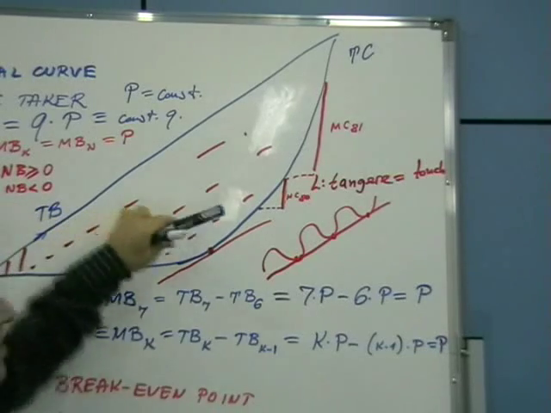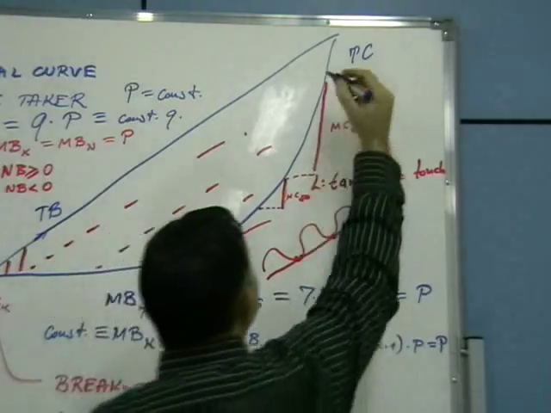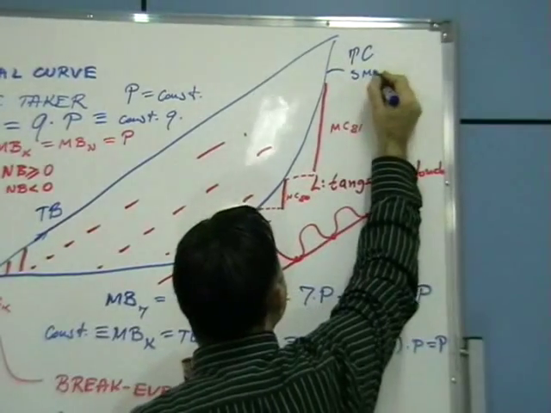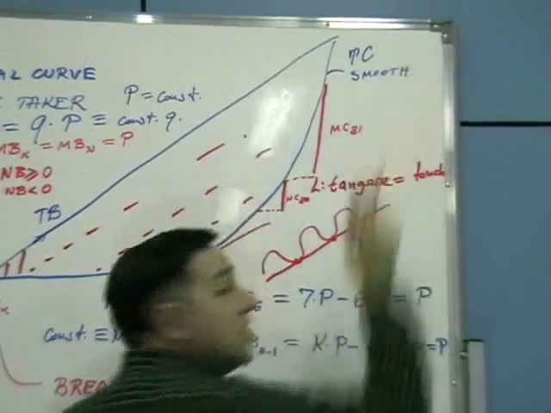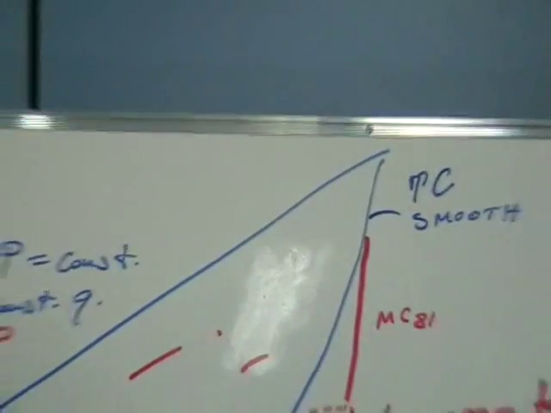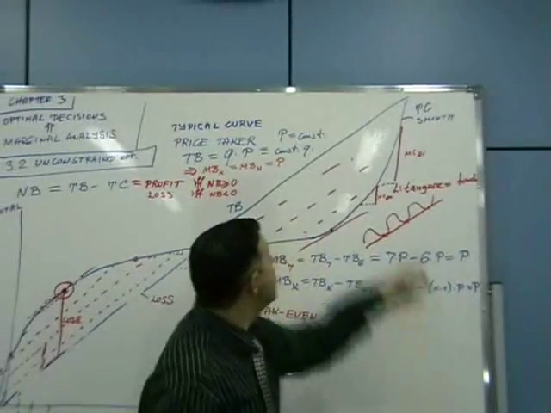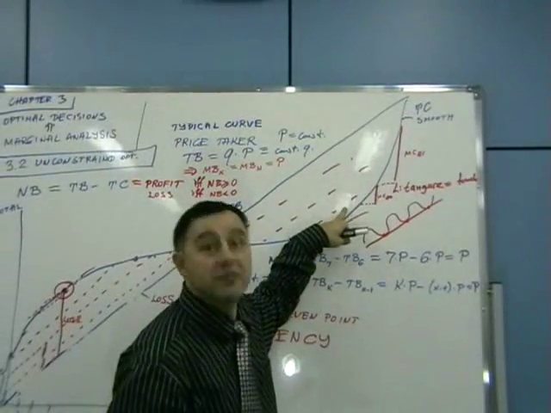So, number one, it is a curve, but it's not just a curve. Number two, we call it smooth. The curve is smooth. So, it is the smoothness of the curve. That's number one. And number two, the curvature.